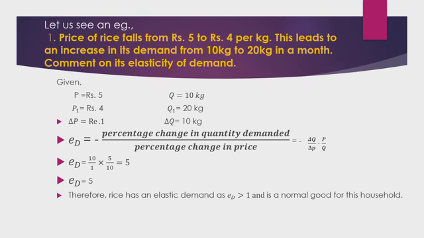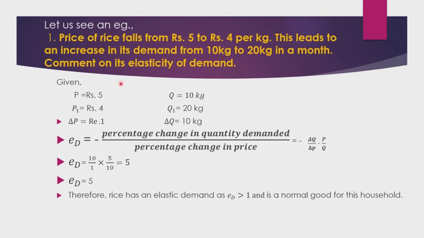Before winding up this video, let us discuss a sum with an overall view of whatever we've read till now. This is an example we discussed in the previous video also. The price of rice is falling from rupees 5 to rupees 4, whereas the demand is increasing from 10 kgs to 20 kgs during a month.